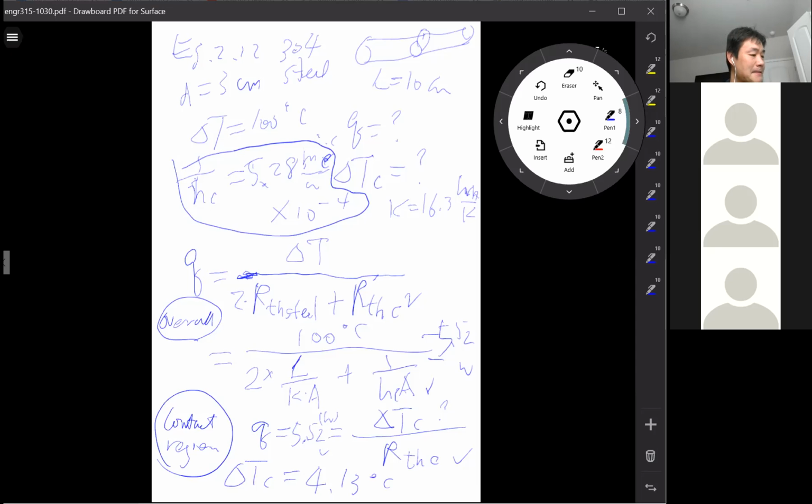I guess that's the example, and that's the last topic of chapter 2. So now you have a complete picture of the conduction and convection problem, especially in this chapter, focused on conduction at the beginning by introducing the thermal resistance idea, but actually we combine conduction and convection.